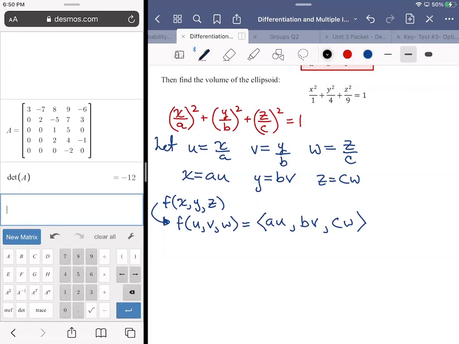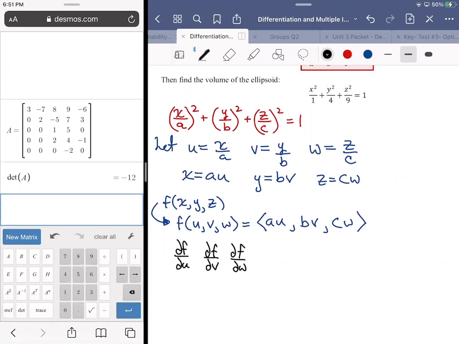So I have to write stuff again, but I have to find the partial with respect to u, v, and w for each component.